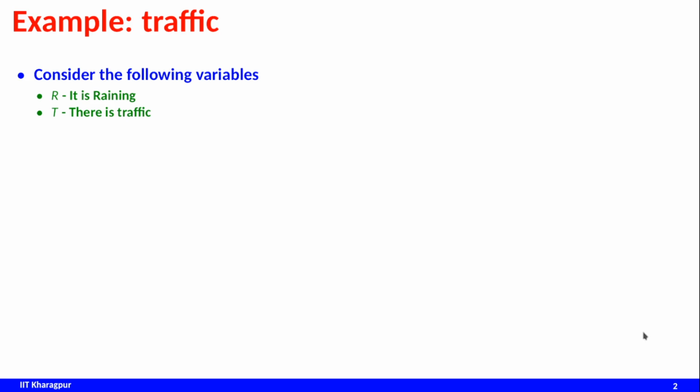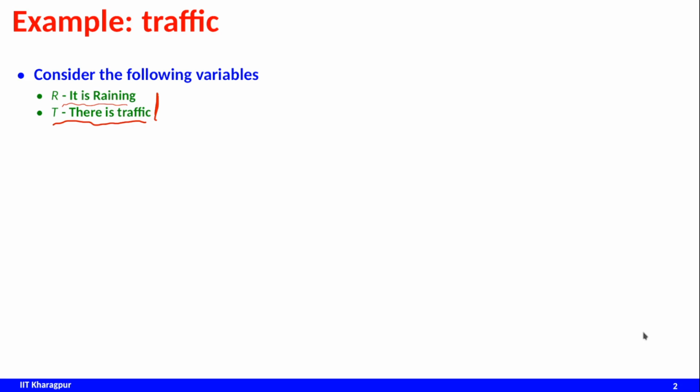Consider the following two variables: R, it is raining, and T, there is traffic. These two are given to me. There are various ways I can model this problem, so let us look into how we can do that.